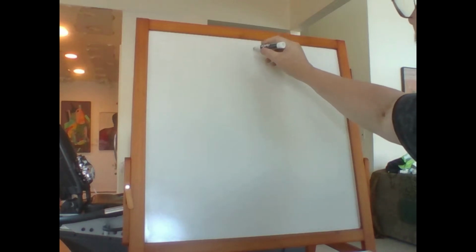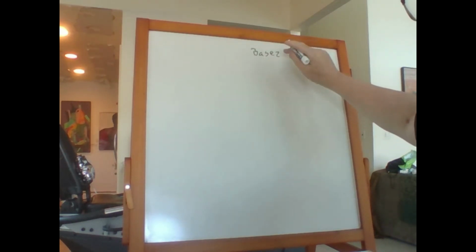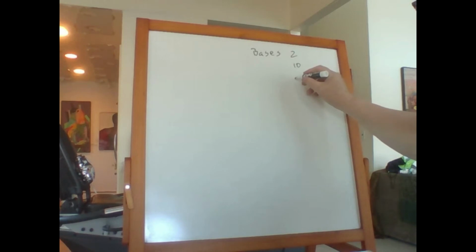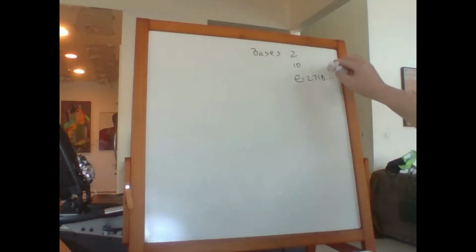So bases 2, 10, and e, which is 2.718, blah, blah, blah, were the bases that were commonly used.